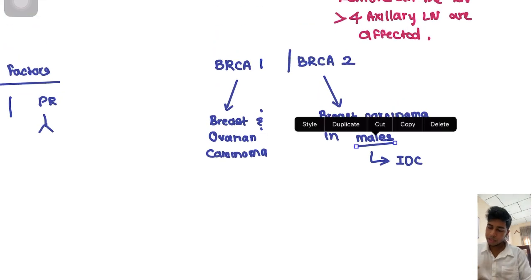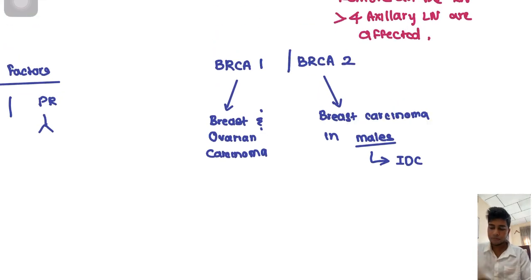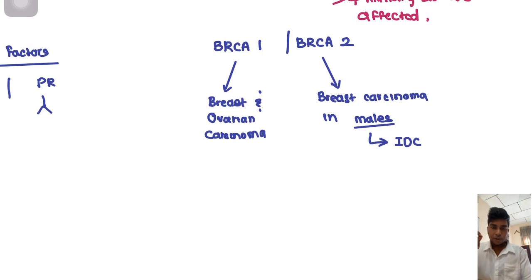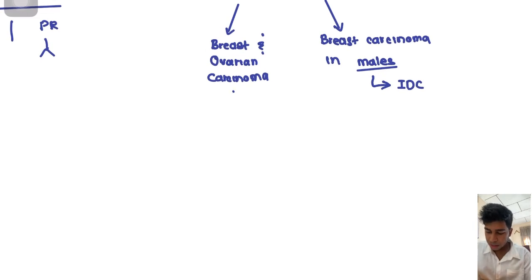Okay, so I need to tell you something about this genetic screening. Angelina Jolie, she has a family history of breast cancer, so she did a genetic screening and she found out she's BRCA1 positive. So what did she do? She did the prophylactic treatment. What is the prophylactic treatment for? If you know that you have a risk, you remove the breasts.